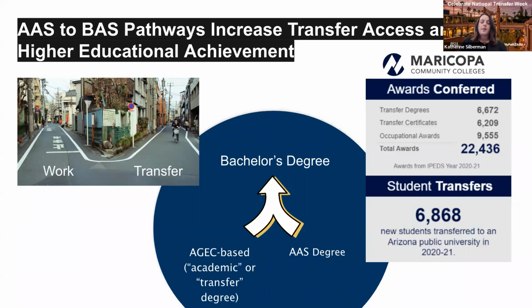And so the 60-60 and 75-45 models came up, and back then and still today, students who have that AGEC, which is Arizona General Education Curriculum based, or you might call them academic or transfer degrees, and students who have an associate in applied science degree, all have that option of transferring.